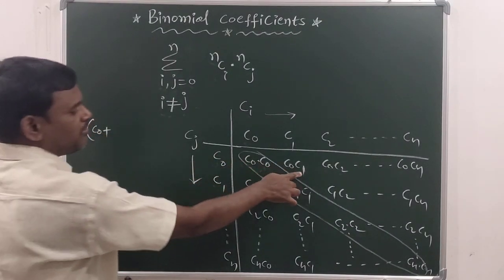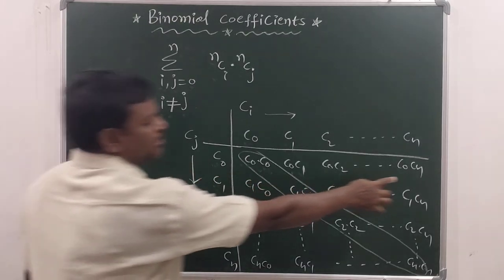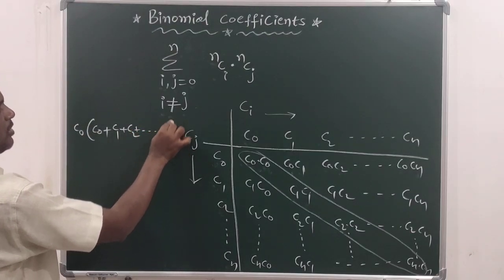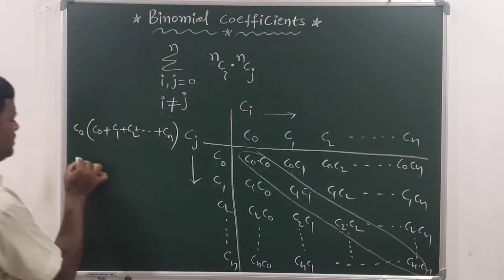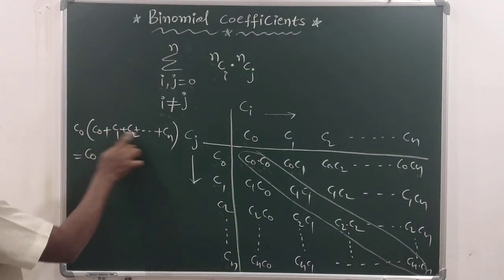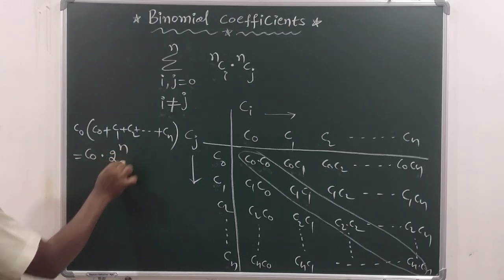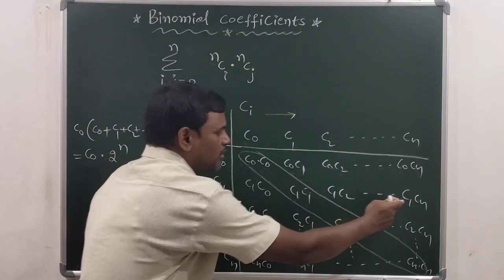C0, C1, C2 and so on, Cn. So the sum of all these binomial coefficients, you know, is 2 power n. Keep it aside and go to the second row.